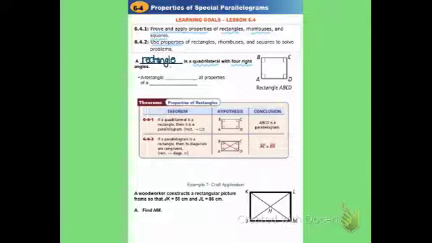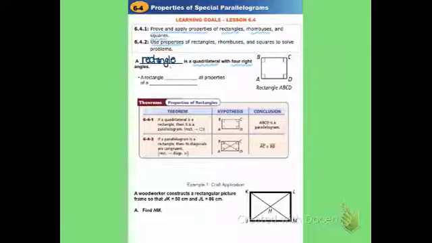But if we think about the properties of parallelograms, we said that opposite angles were equal and opposite sides were equal. And one of the ways we were able to prove that something was a parallelogram was to show that both pairs of opposite angles were equal.